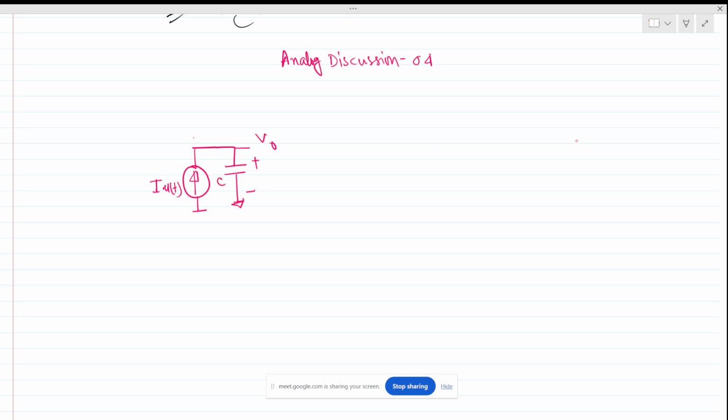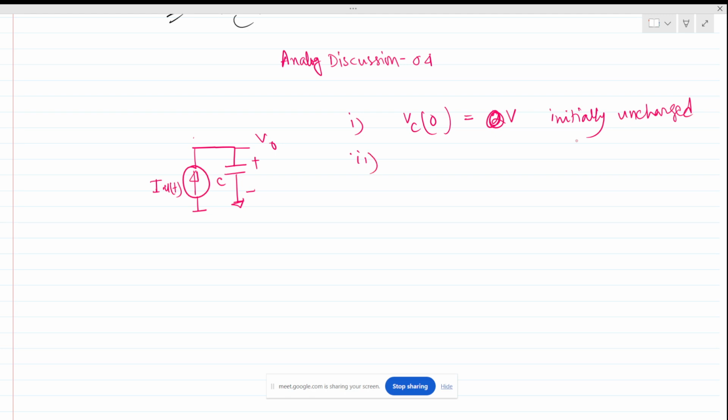So initially, in all the cases, we will be discussing the capacitor with some initial conditions and without initial conditions. For this circuit, first case, VC of 0 is 0 volt, so this is initially uncharged.